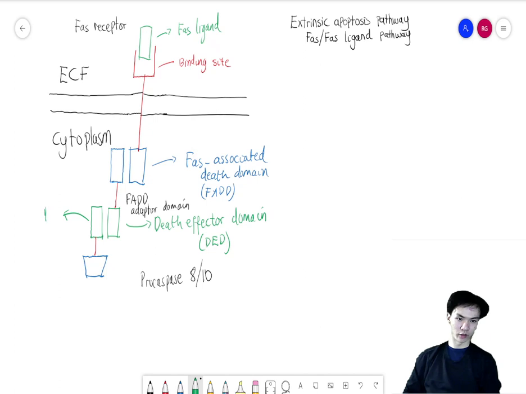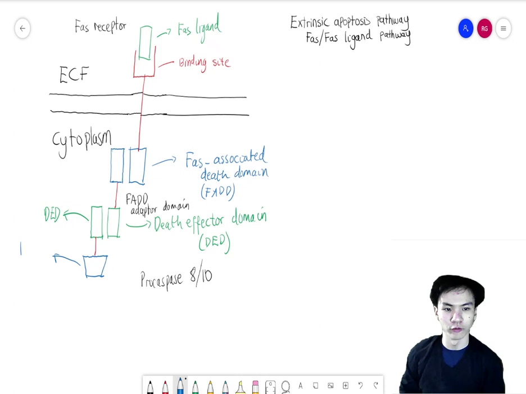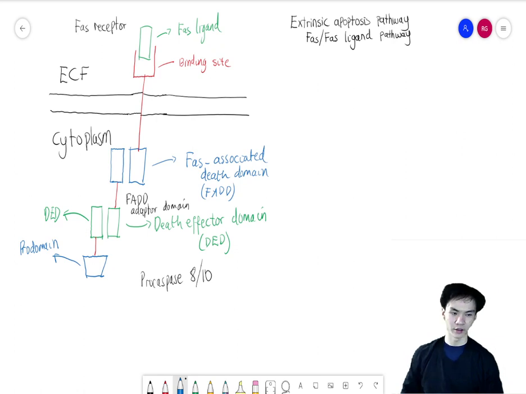So this is your other dead domain. And your dead domain is going to be attached to the pro domain of your pro-caspase 8-10. So that can be either pro-caspase 8 or pro-caspase 10.